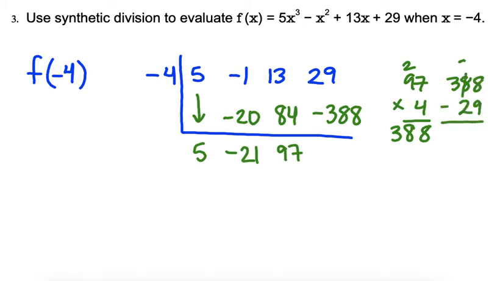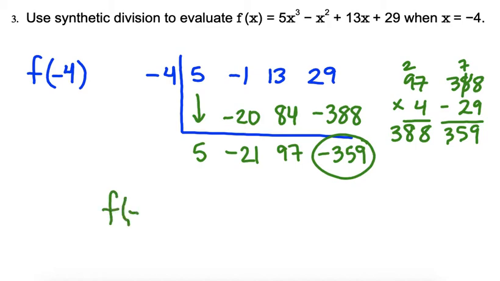Use your calculator if you're not using your brain. Get 359, but since it's a negative, it's negative 359. What this means is that when I take my function f of negative 4, I put a negative 4 in, the answer is going to be negative 359. Now, don't freak out. These are going to be big numbers sometimes.